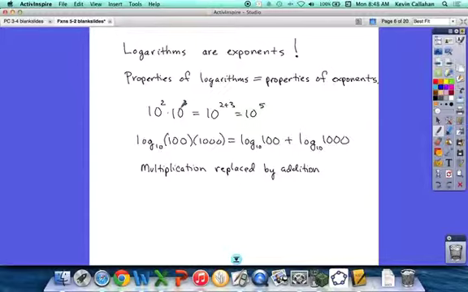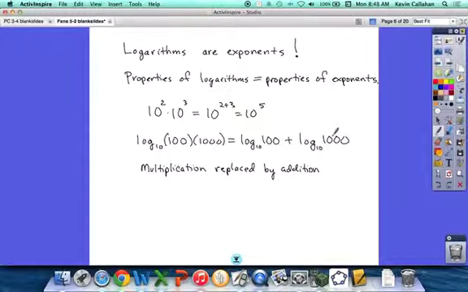Okay, well, with logarithms, it works similarly, right? If I wanted to find the logarithm of 100 times 1,000, we actually can use properties of logarithms and split that up into the logarithm of 100 plus the logarithm of 1,000. And by taking advantage of the fact that logarithms are exponents and these kinds of properties work with logarithms, it allows us to turn multiplication into addition.